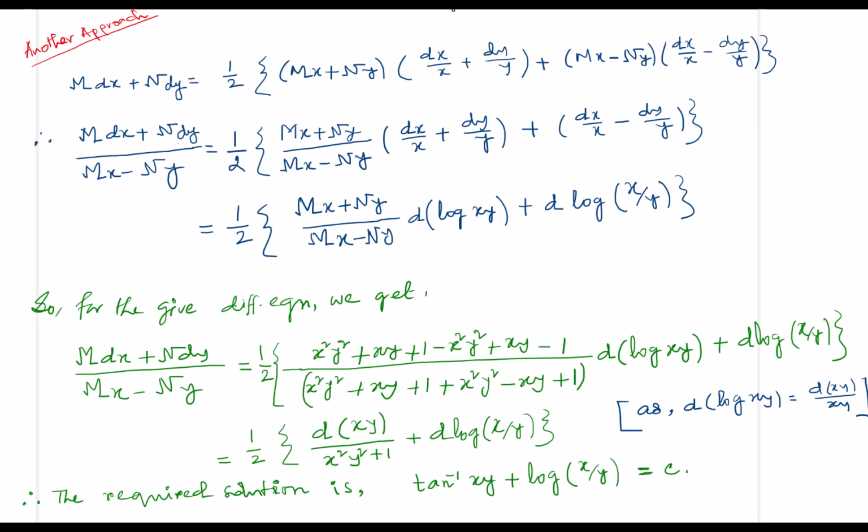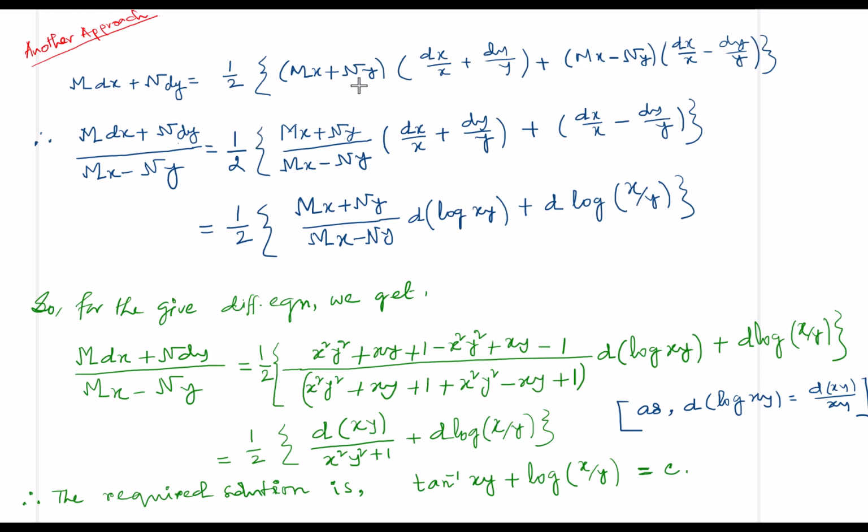Now you see another approach to solve this equation. We can write m dx plus n dy equal to half into mx plus ny into dx by x plus dy by y, plus mx minus ny into dx by x minus dy by y.